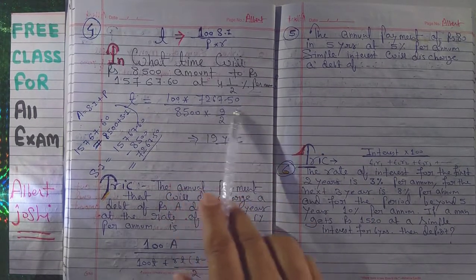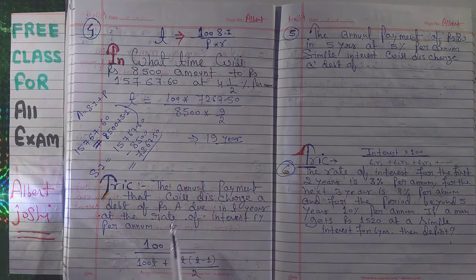Okay, to calculate it. Now I will give you one trick for your exam. The trick is the annual payment that will discharge a debt of rupees A due in T years at the rate of interest R% per annum. What is this?